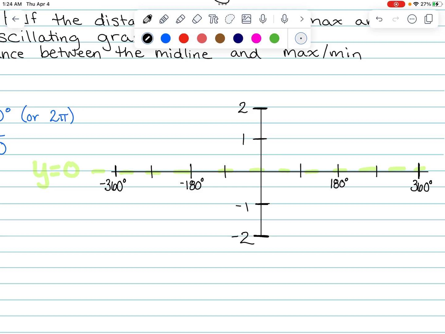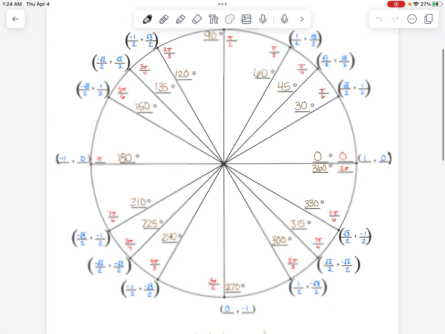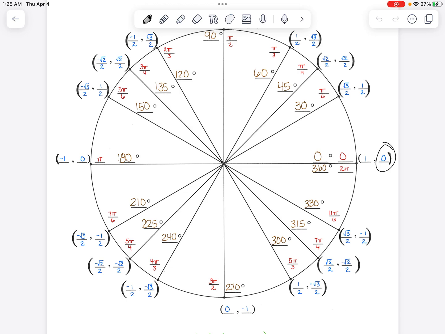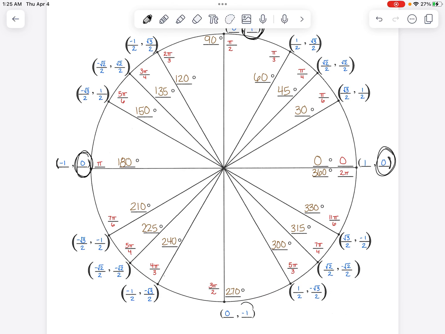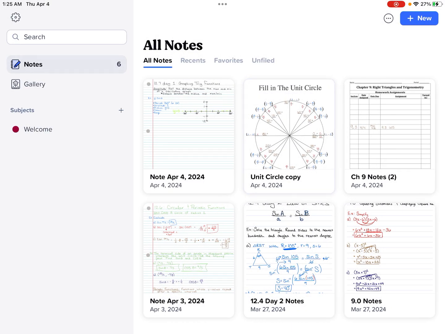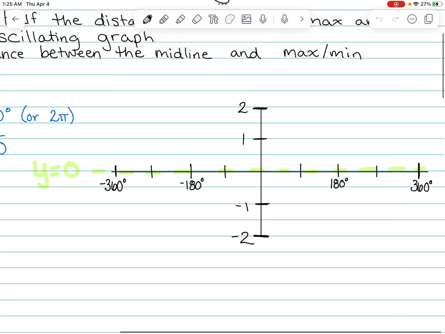Now, from here, where do I go? Well, I'm going to go back to my unit circle again. Sine at 0 degrees was 0. Then it increased by 90 degrees to get to 1. After it hit that, it went back down to 0 at 180 degrees, decreasing to -1 just to go right back to 0. So that's how I'm going to approach this graph.